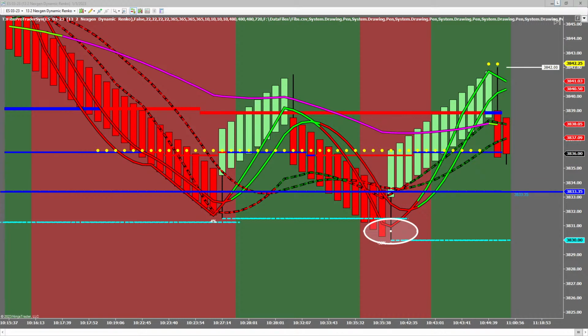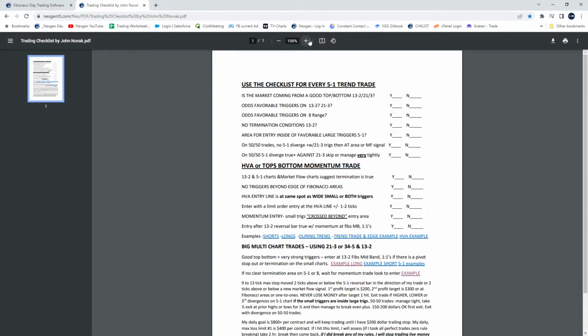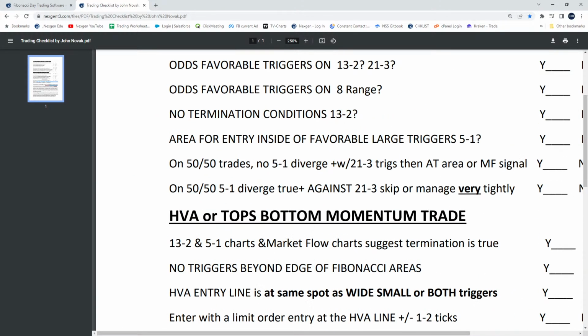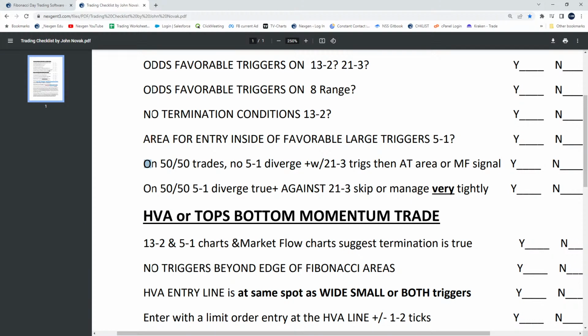So the rule is really simple. And look, we'll go back to my plan real quick because I think it's cool just to see it in a plan. Look, my plan says, just for grins and giggles, on 50-50 trades, if there's something that is good and something that's bad for a trade, or the triggers are 50-50, what does it say?